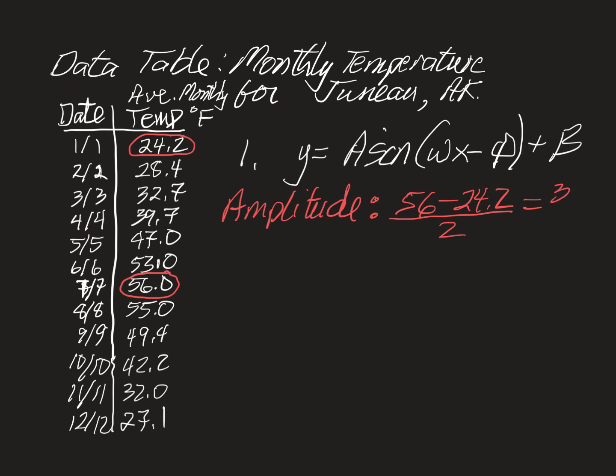So this is 31.8 divided by 2, which is equal to 15.9. So in this case, it's 15.9 degrees, has a label. So that's our amplitude. That's our value for A. Okay? And I'll make these colors so that the work matches. All right?